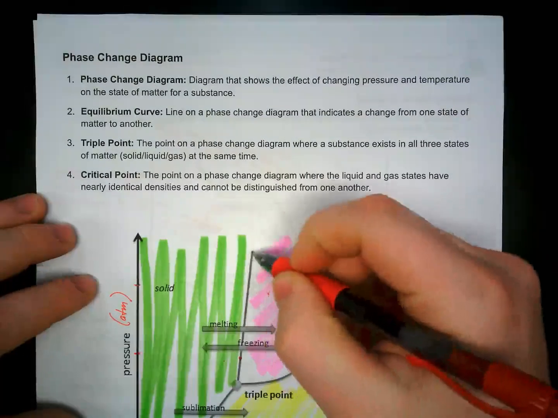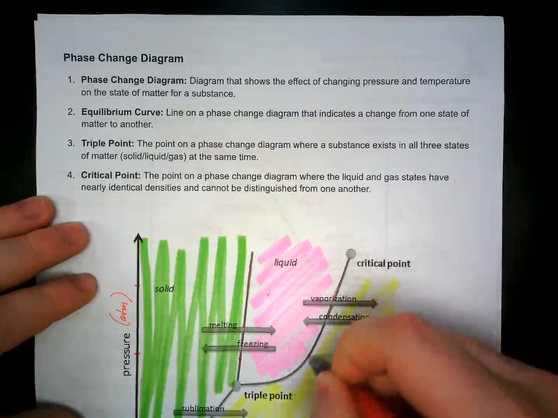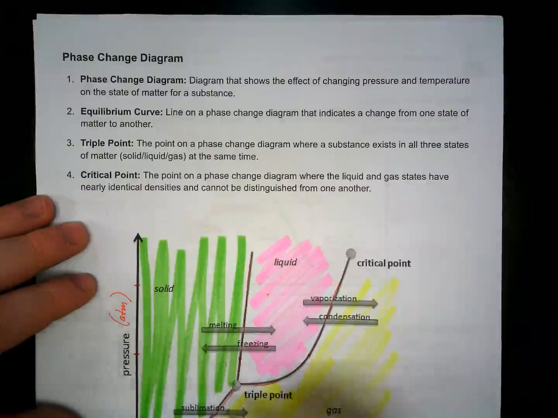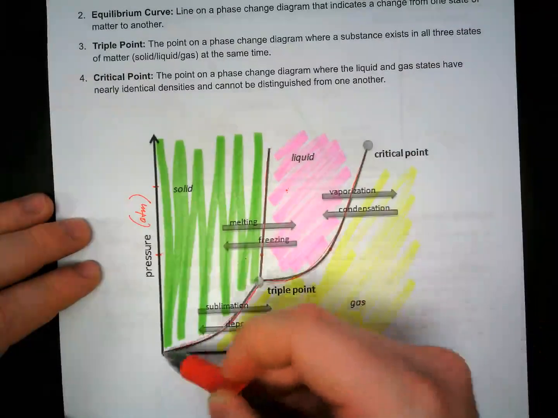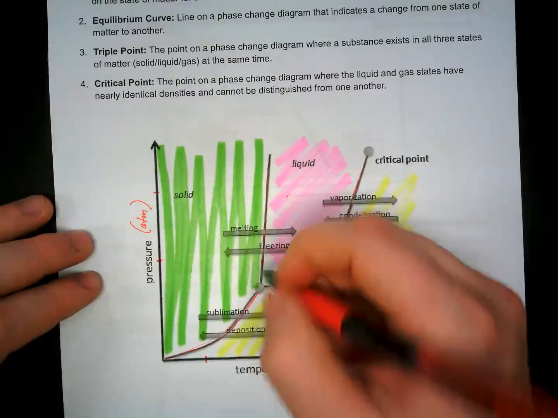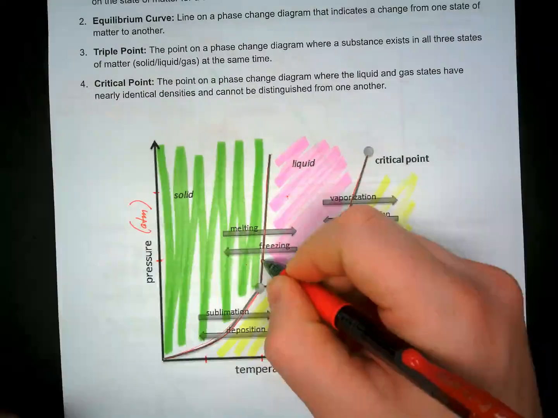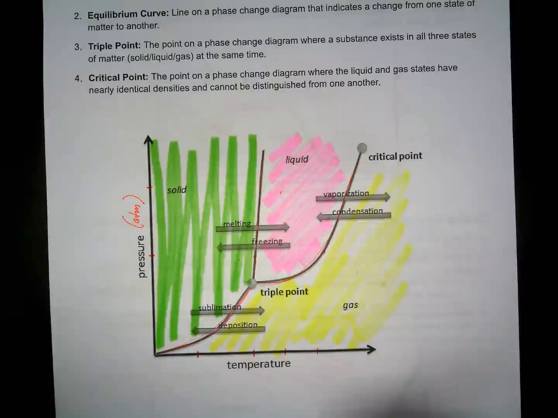All these lines here, this one, this one, and this one, are equilibrium curves. This is where, if we put our temperature here at this pressure, we would see a solid go to a liquid, or a liquid go to a solid. That's all those are.